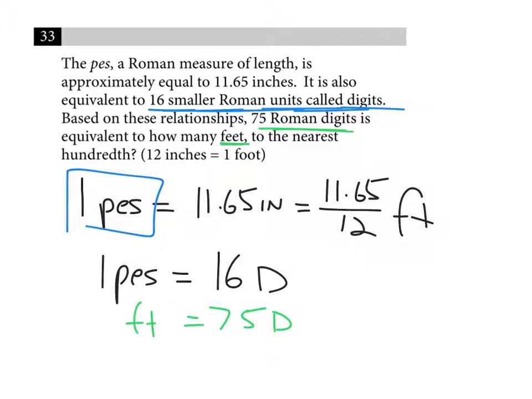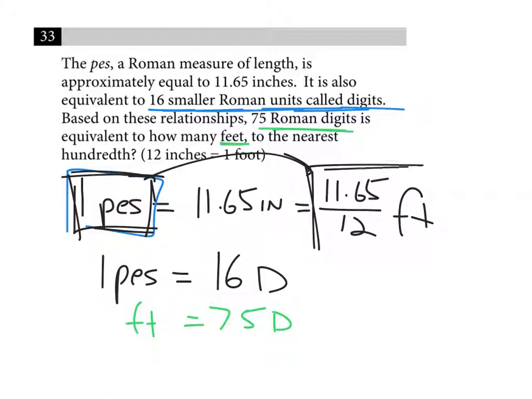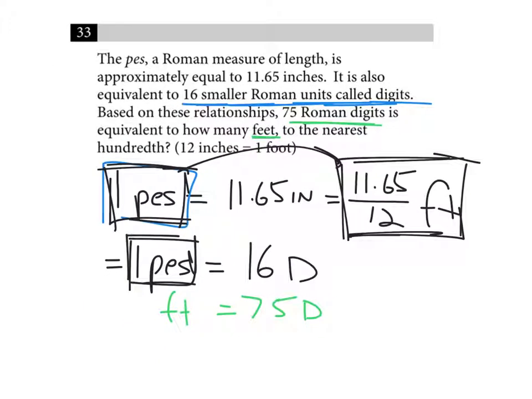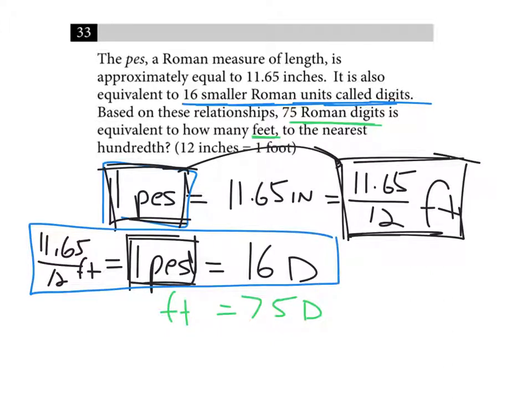Well, here's what I'm going to do. Since I know 1 pes equals 11.65 over 12 feet, I'm going to take out this 1 pes and put in 11.65 over 12 feet. So I know that 16 digits equals 11.65 over 12 feet. The question says, how many feet is 75 digits?